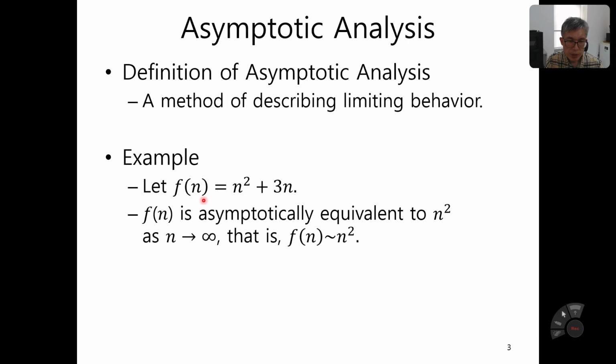So as we increase n, the behavior of f(n) is determined by the term n squared rather than 3n. So as n goes to infinity, f(n) is approximately close to n squared.